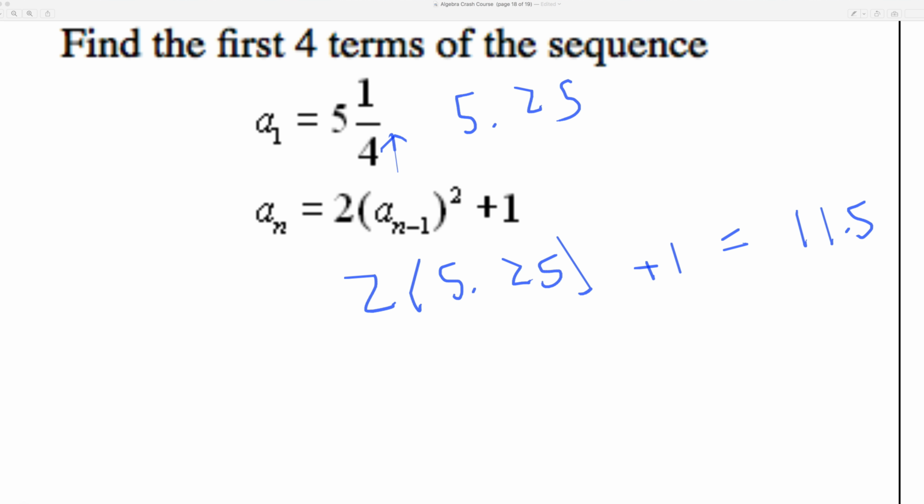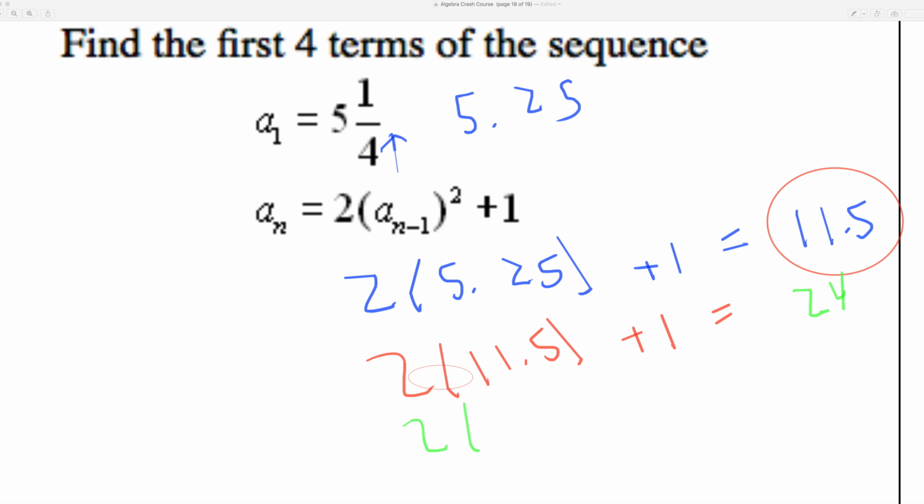Then you just do it again and you plug what you got back in. That's just how it works. So now it would be 2 times 11.5 plus 1. And this time what would you get as your answer? You would get 23 plus 1, 24. And you just plug it in again. So now we have 2 times 24 plus 1.